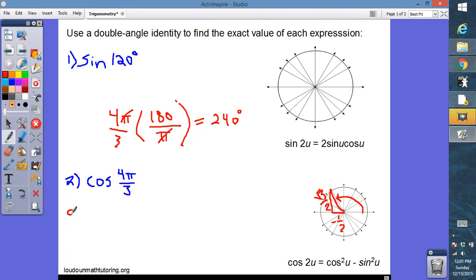So now we're going to say cosine of double 120, that's why we call it a double angle, is equal to, all right, the cosine of that 120.